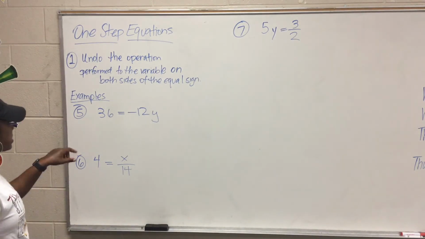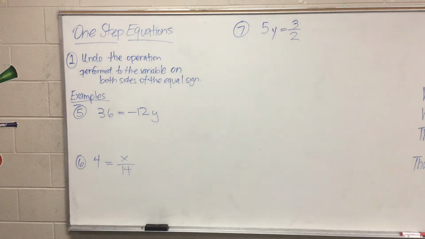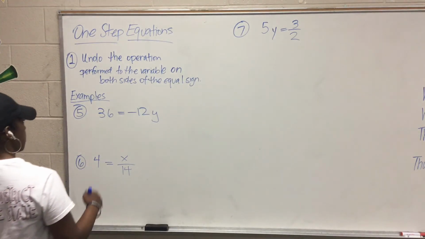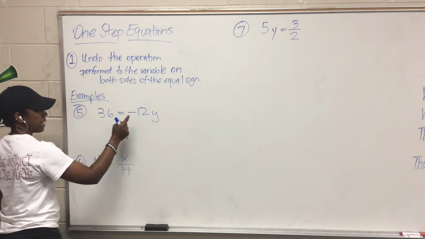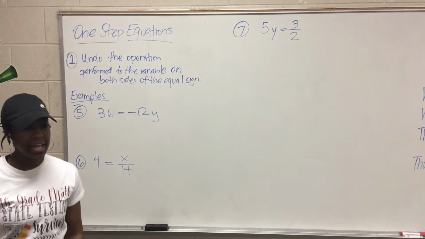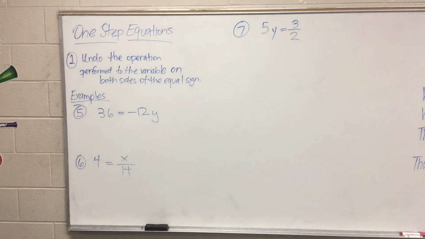So if I have 36 equals negative 12y, what is being done to the variable? Here's y. It is being multiplied by negative 12. So how do you undo or reverse the operation?